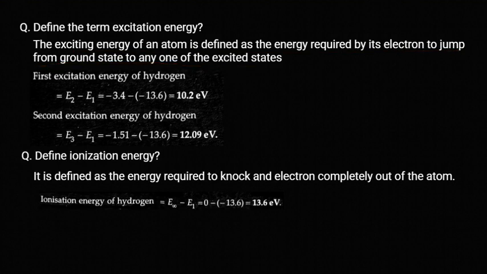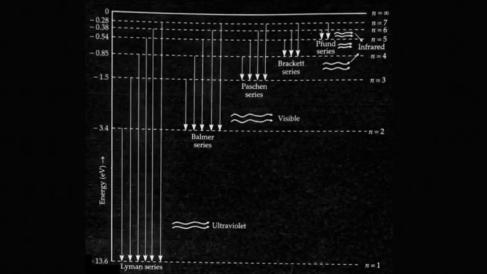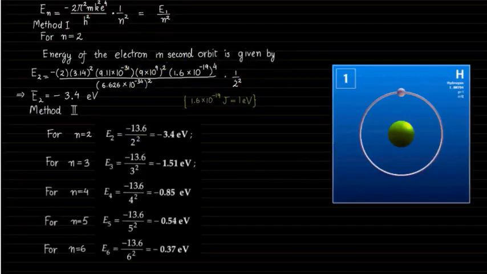And suppose I want to make a jump from the first orbit to the second orbit, what do you have to do? You have to calculate the difference between these two energy levels. So how much is the energy level for the electron in the second orbit? It is minus 3.4 electron volts, for n equals 2.